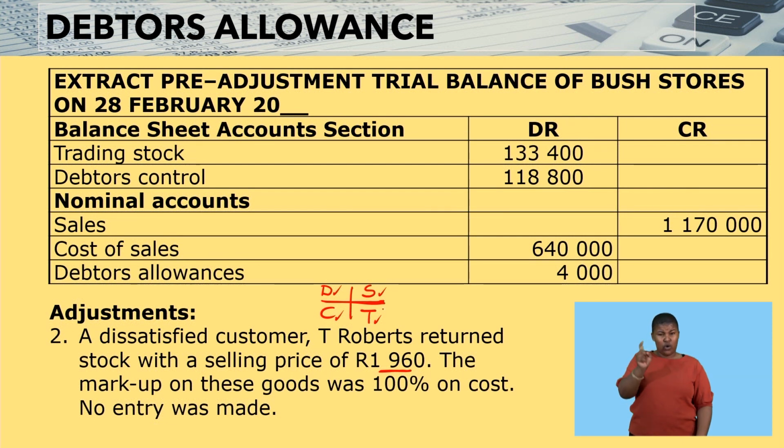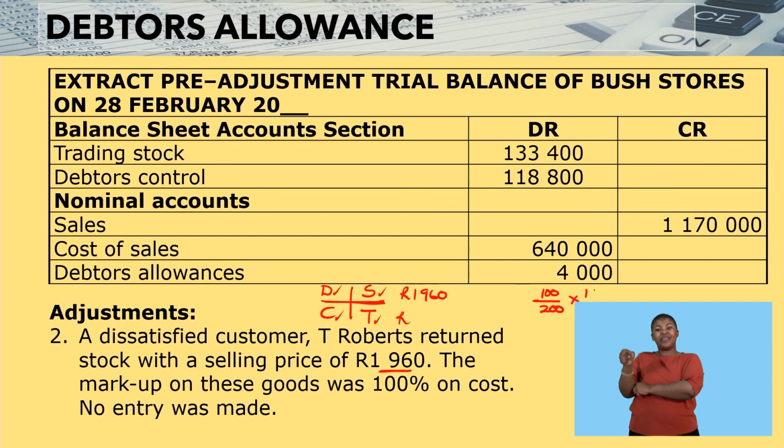Then the question is, how much affects your debtors control and your sales? It is the selling price of 1,960. And how much affects our cost of sales and trading stock? We will need the cost. The cost is 100, and we're told that markup is 100, so here our selling price becomes 200.